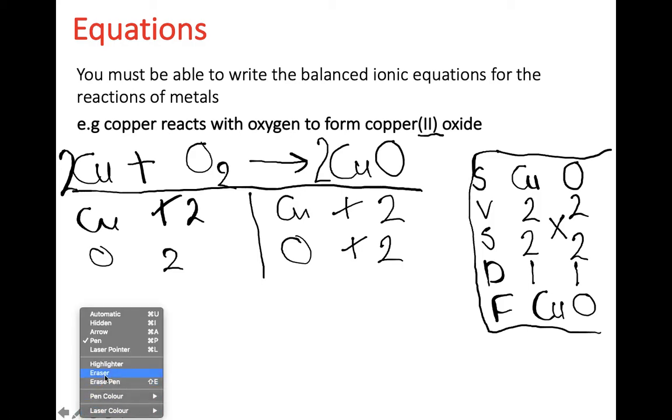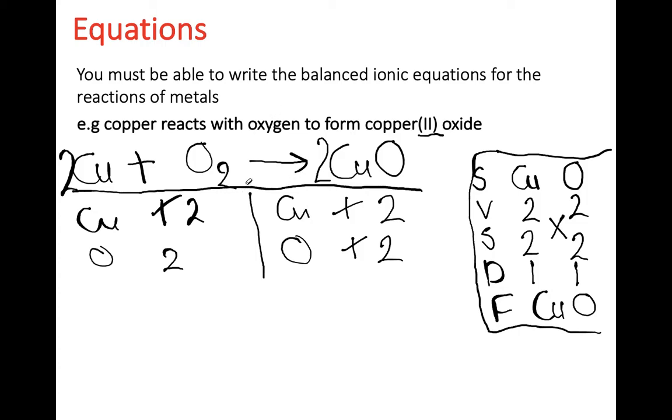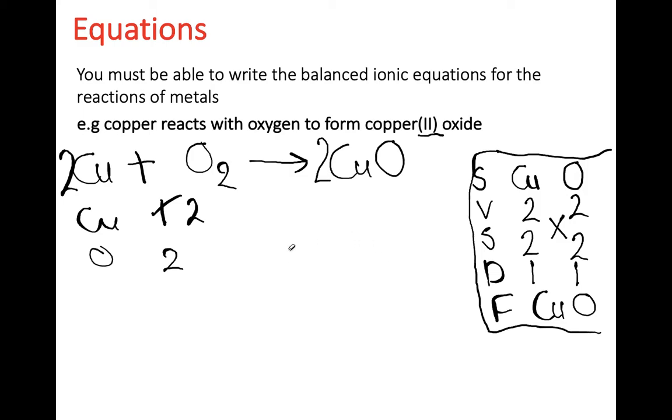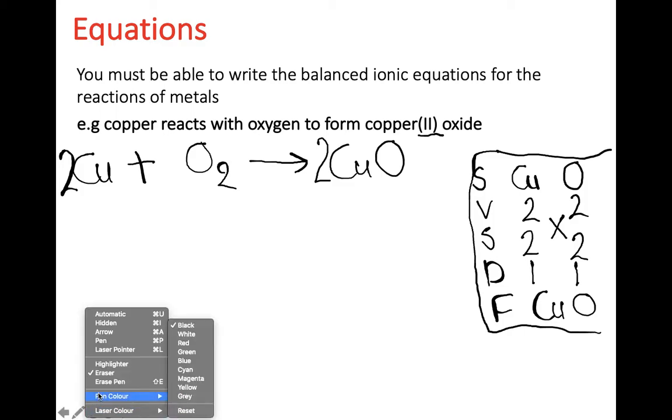Now, we have our balanced equation. What we are going to do now, once this is rubbed out, very time consuming. Okay, so we now have our balanced equation. We are now going to add in our ions. And by add in our ions, I mean we are going to identify our ionic compounds and we are going to insert the ions for those.